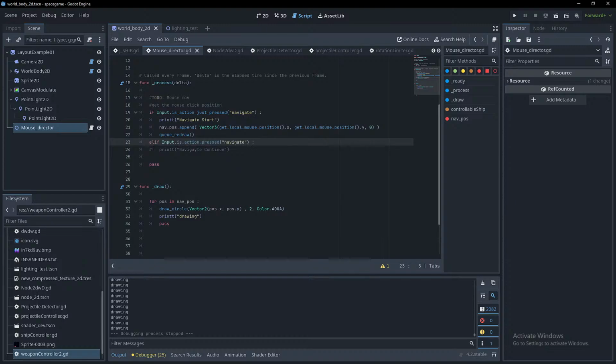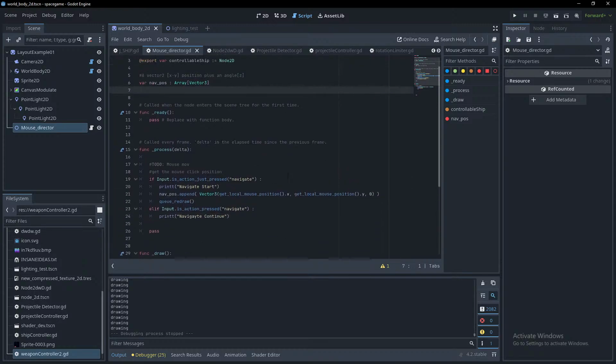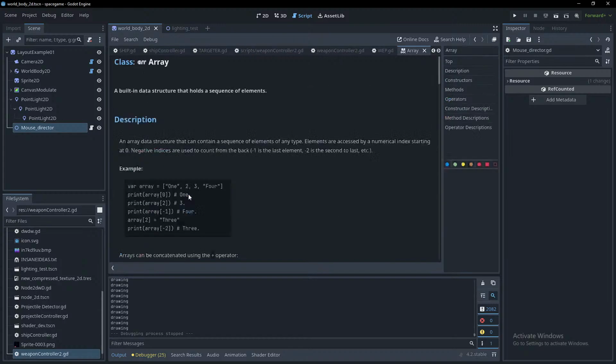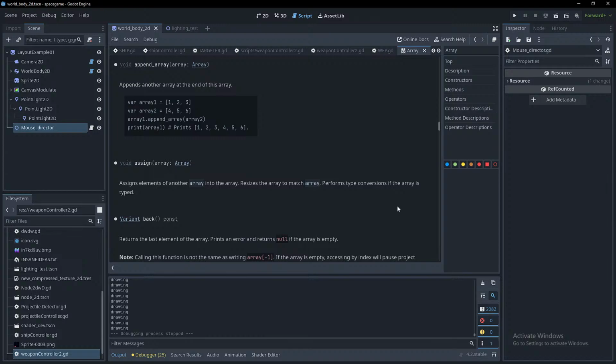So then what we'll do is we're going to store the current, let's see here. If I remember right, append adds to the end of the array, right? Okay, it's an alias of pushback. Okay. Oh, this automatically provides type conversions. That's nice.